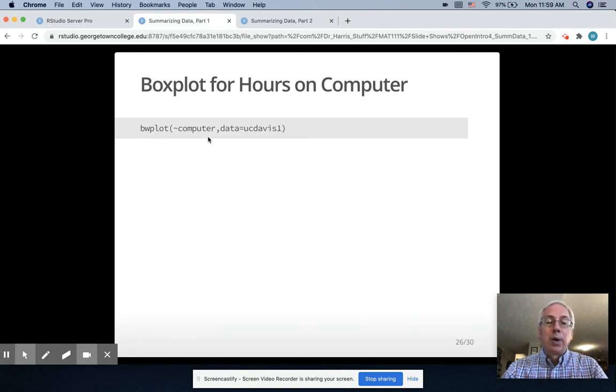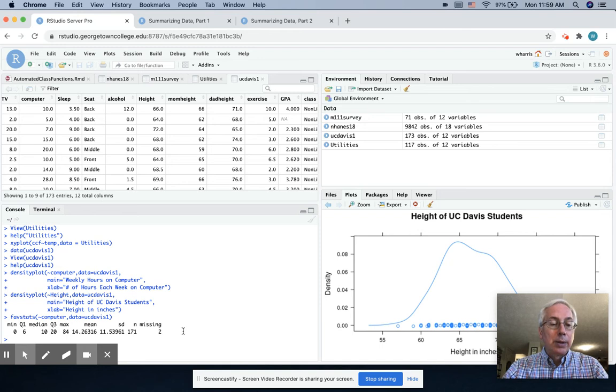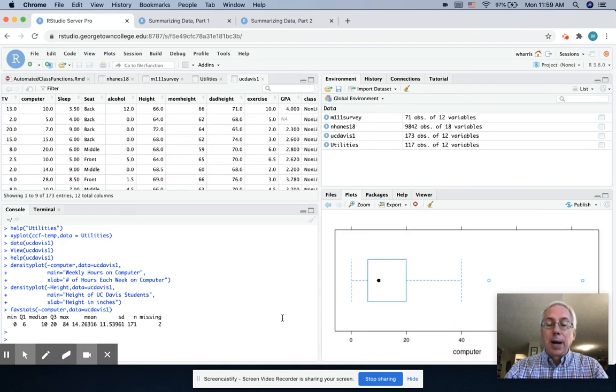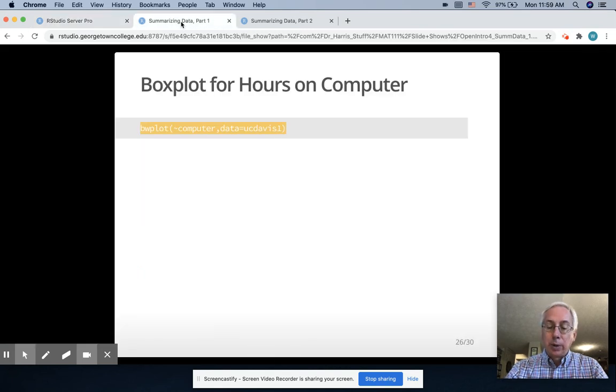And if we don't worry about labeling anything, we can just give the tilde, variable name, comma, data equals the data set it comes from. And so here's bwplot, and we'll get what we call a box and whisker plot. The W stands for whisker. And so we can see the box and whisker plot here. I've got it in the slideshow as well.